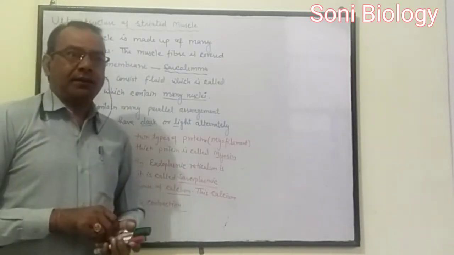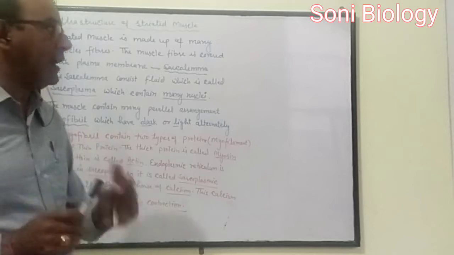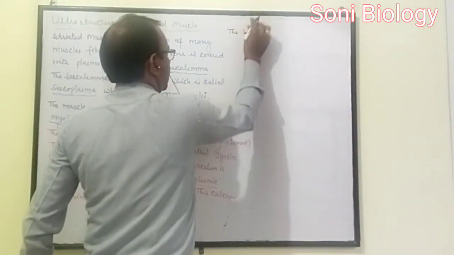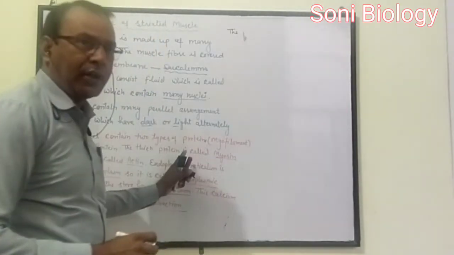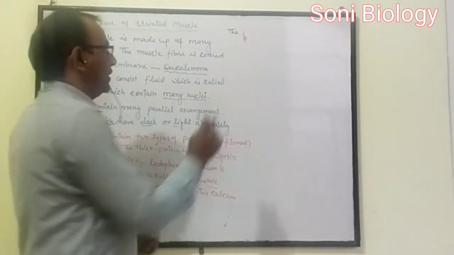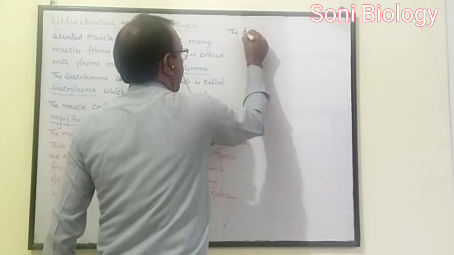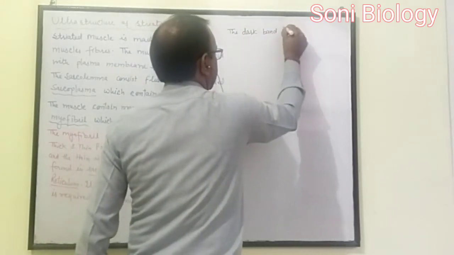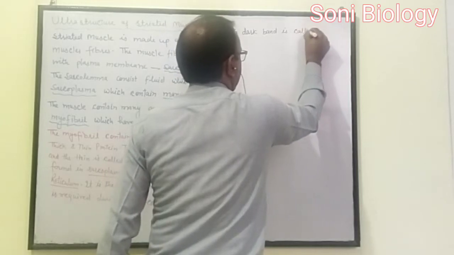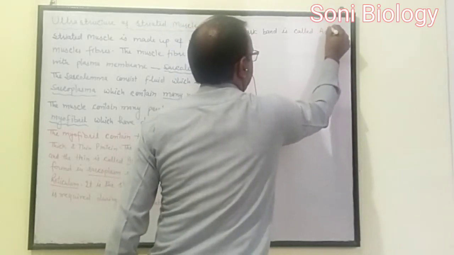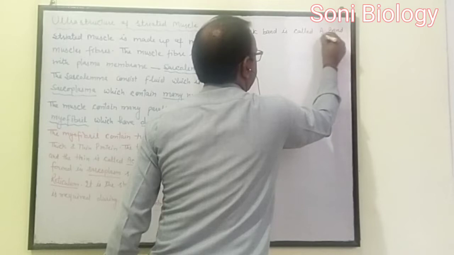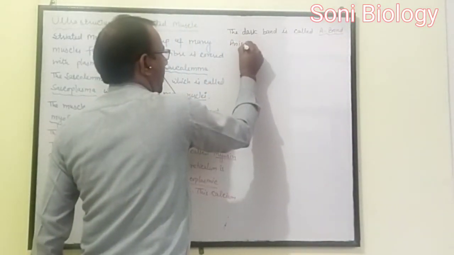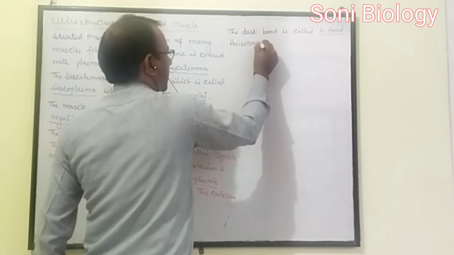The dark band is also called the A band. The dark band is made up of thick myofilament, which is known as myosin. A band means anisotropic band.